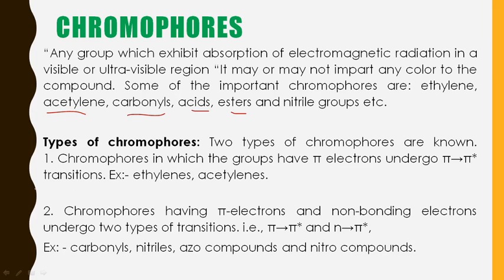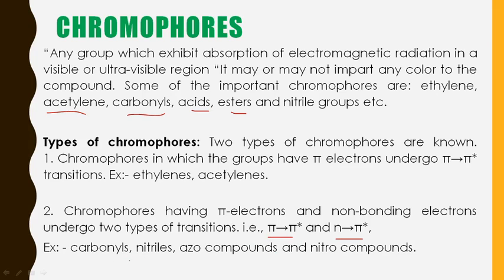There is a classification of chromophores. Chromophores are of two types. When the chromophores have only pi electrons, they exhibit pi to pi star transitions. When the chromophores contain pi electrons as well as non-bonding electrons, they exhibit pi to pi star transitions and also n to pi star transitions.